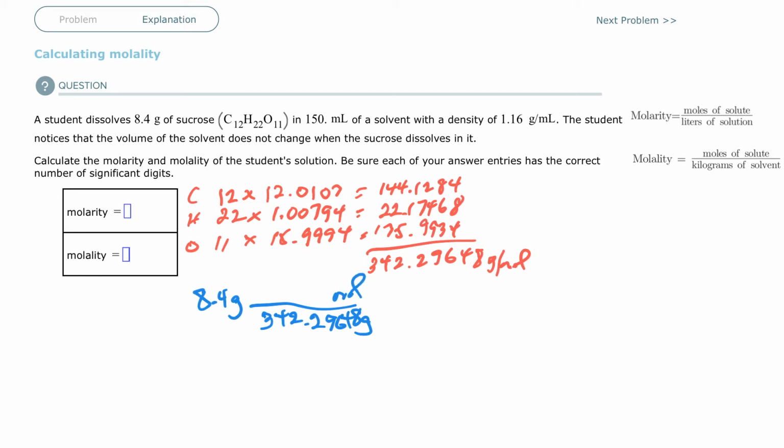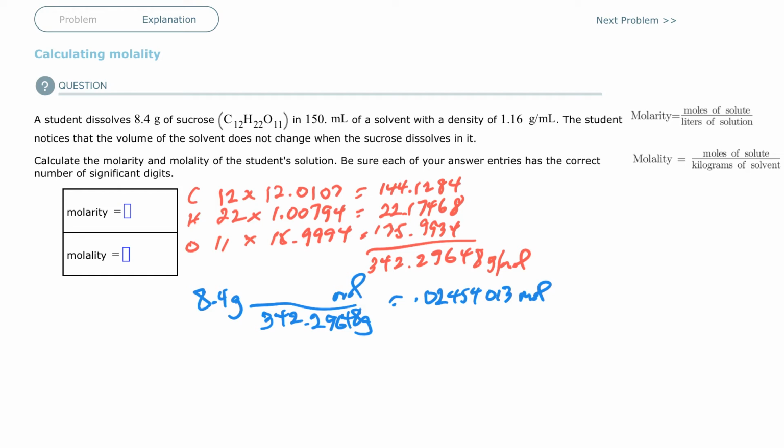Okay, so when I divide that out, 8.4 divided by that, I get 0.0245413 moles. Okay, so in both of these cases, this is the number that goes on the top. So molarity is this number. So let's do molarity first. I'll just keep changing colors.